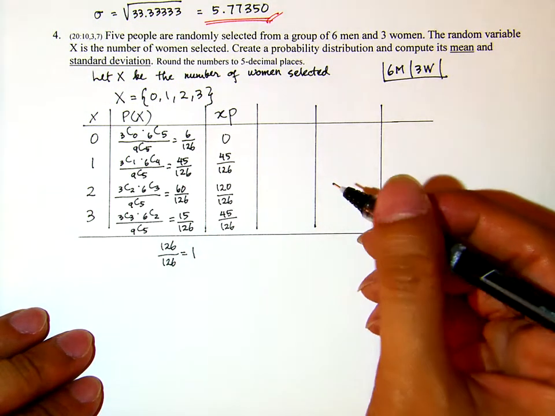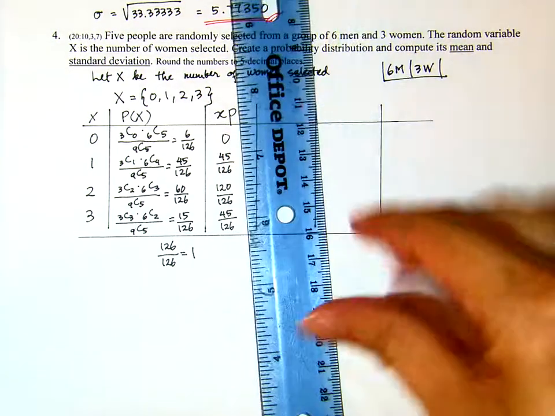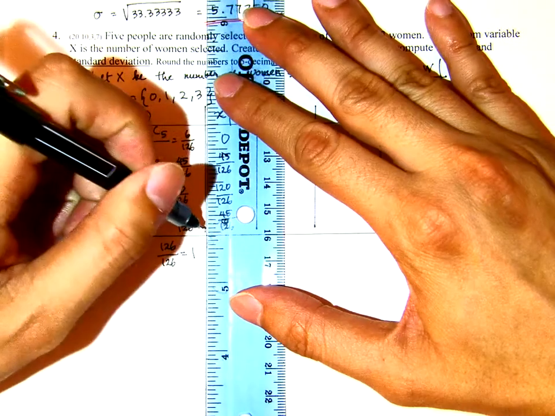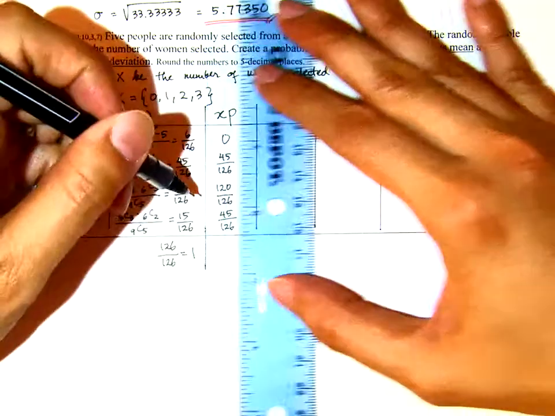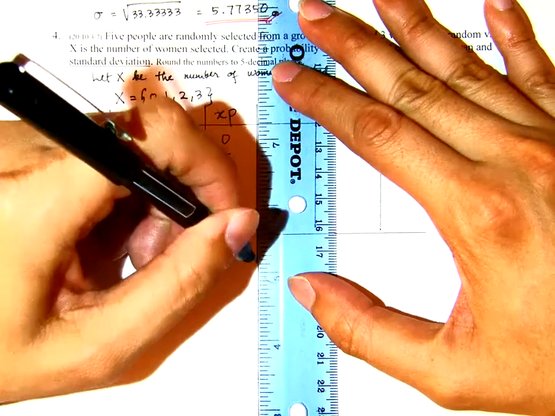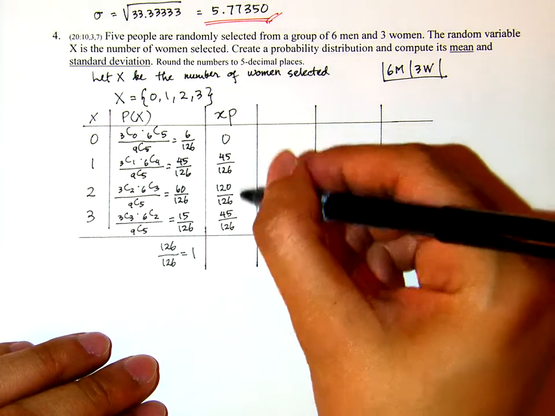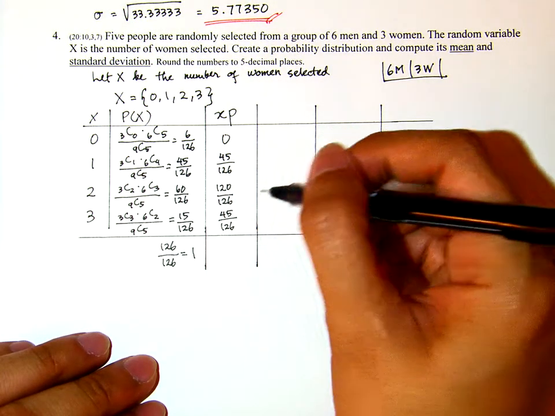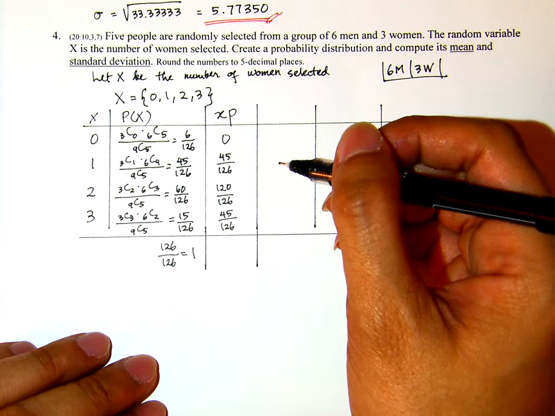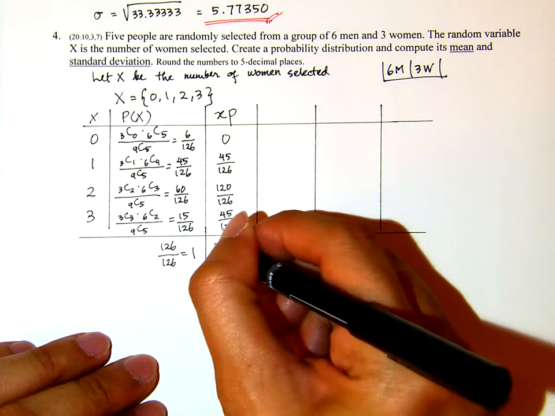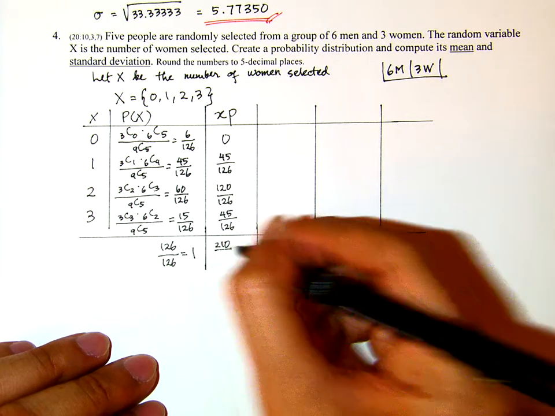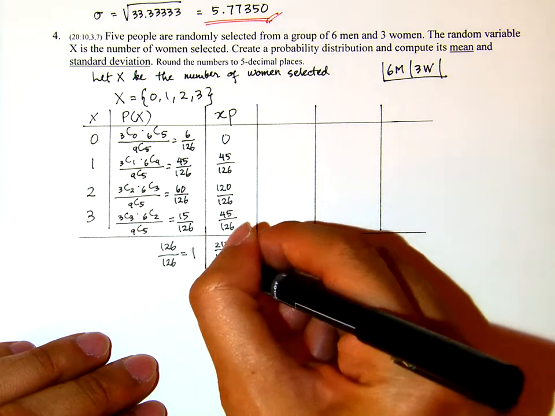Right? Now then, when I add this xp here, the outcome multiplied by the probability, that will be our mean, right? That will be the mean. When I add these, I get 90 plus 120, let's add, 210 over 126.